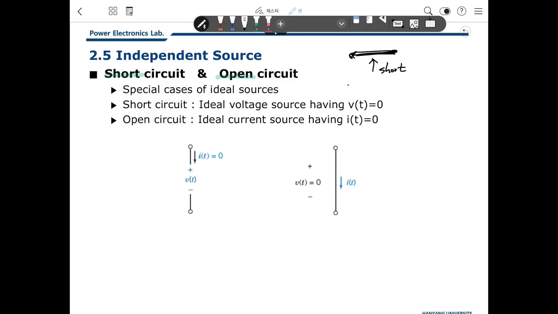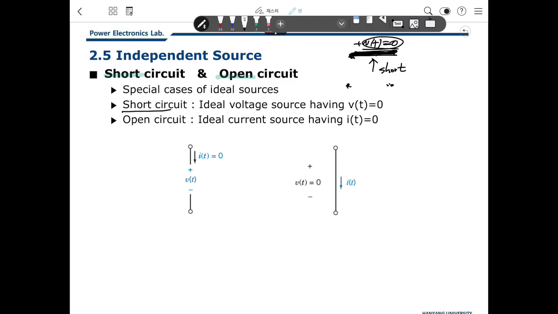And open means this point and this point are not connected. The current cannot flow this way, so this is a different potential. Then current cannot flow this way. In the short case, because the potential is the same, the VT of that is 0.